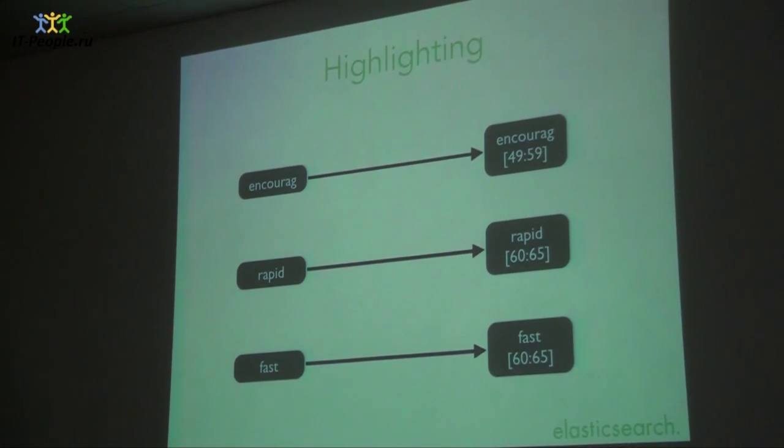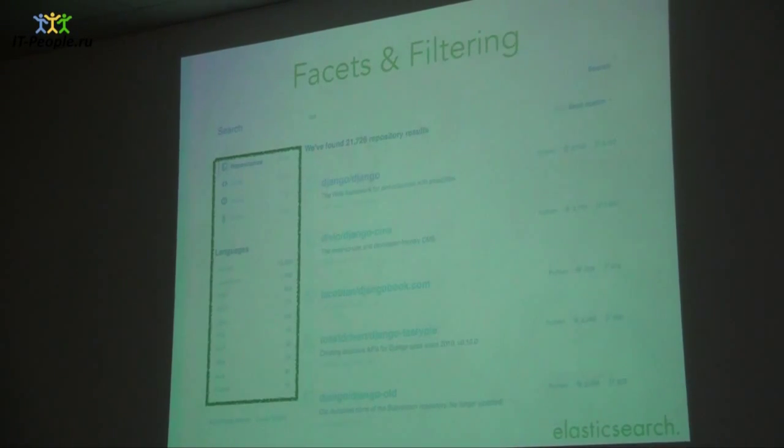So that's how we do highlighting. Again, just add something to the inverted index and it makes it really easy. So that's one thing. The second thing that we need to add is the filtering and faceting. Faceting is a fancy word for aggregations. And what it does is, it gives you an overview of the data that you're getting back.